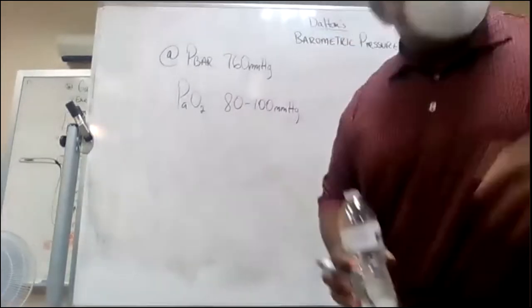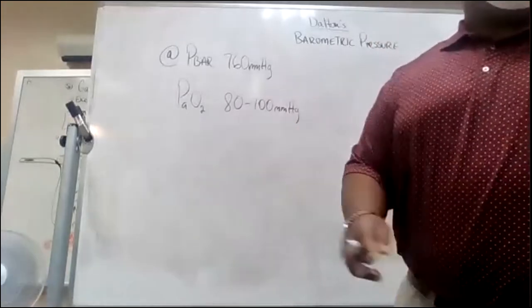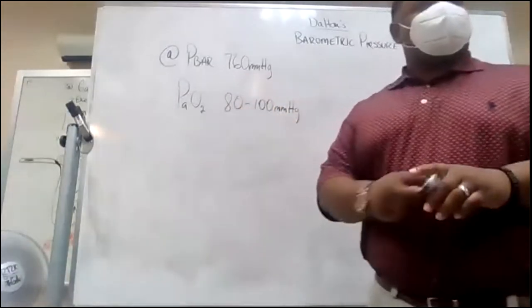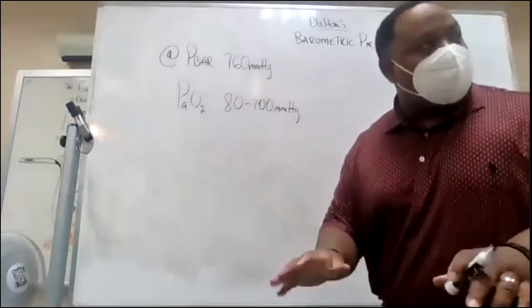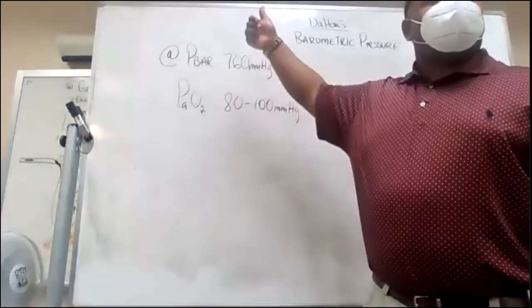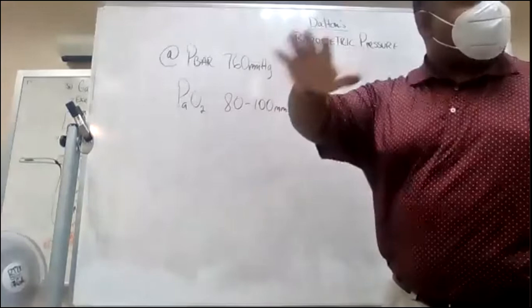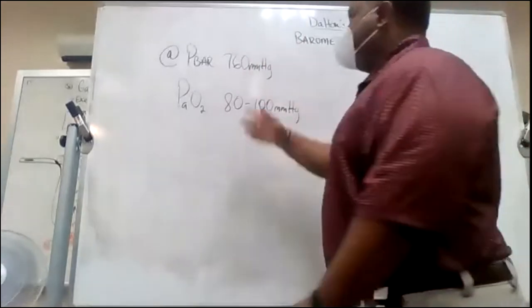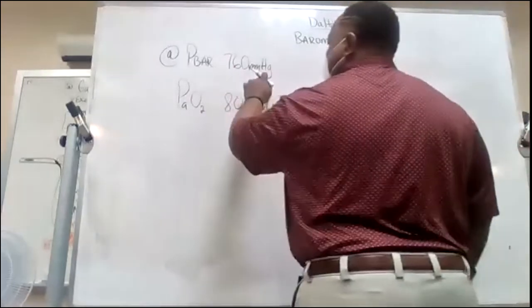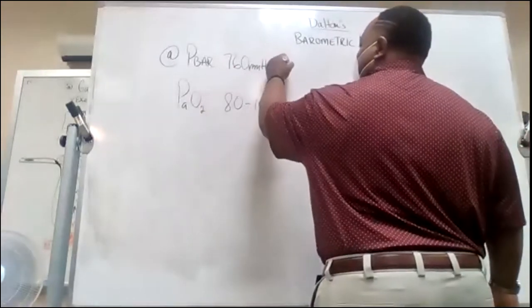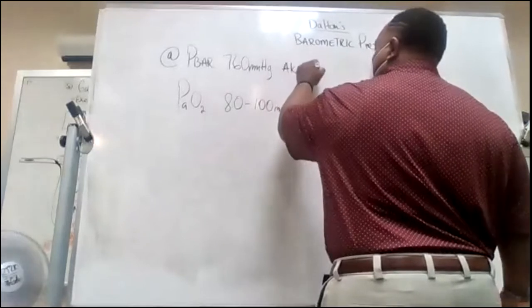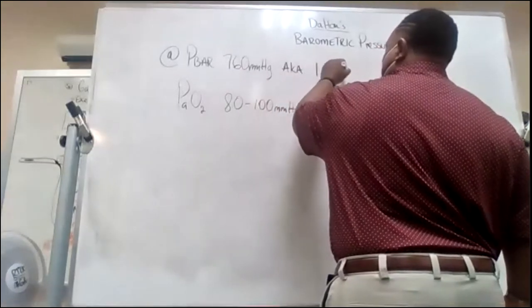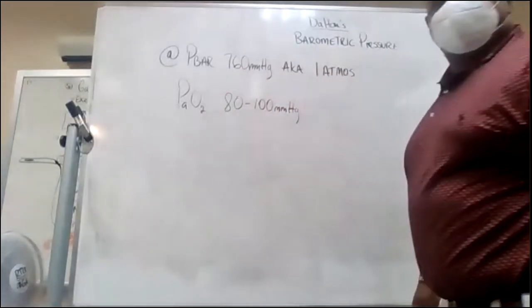Lower the pressure. There you go. Lower the barometric pressure. But not lower it, you go deeper, and what happens? This goes up. Remember? Sea level. Going deeper. So 760 is the barometric pressure, also known as 1 atmosphere.